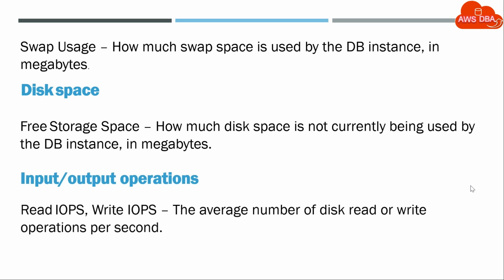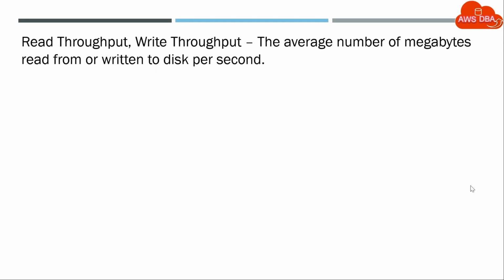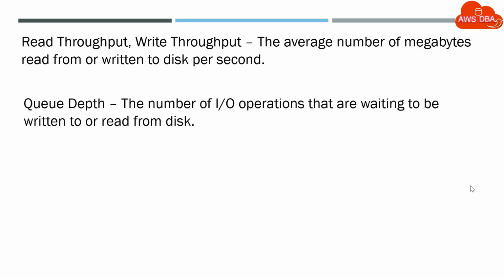Read IOPS, write IOPS: the average number of disk read or write operations per second. Read throughput, write throughput: the average number of megabytes read from or written to disk per second. Queue depth: the number of I/O operations that are waiting to be written to or read from disk.